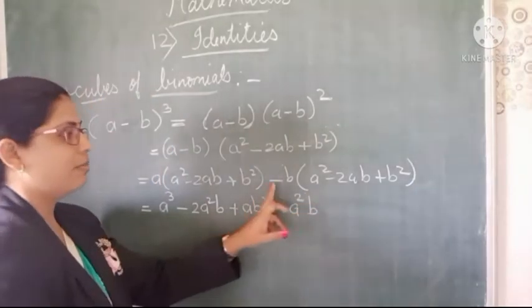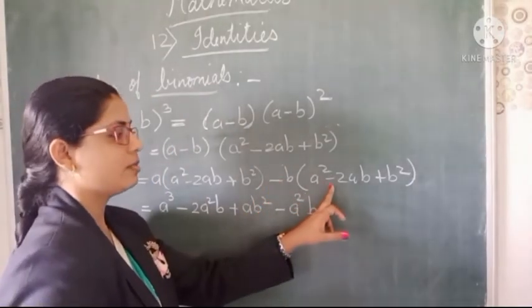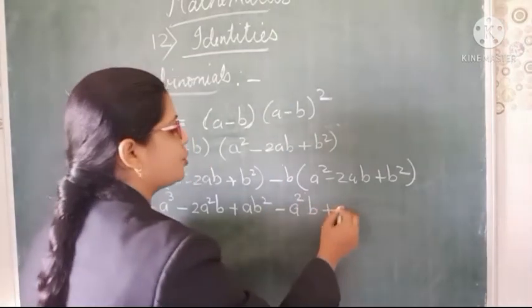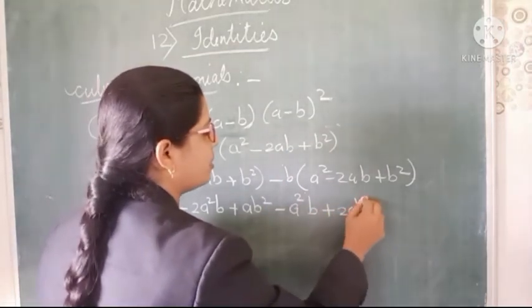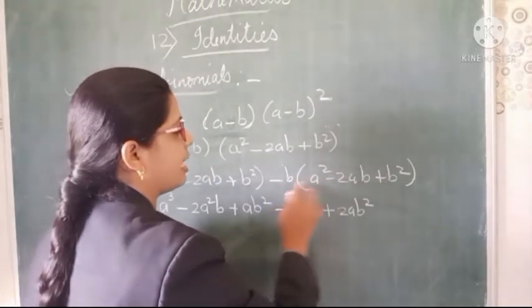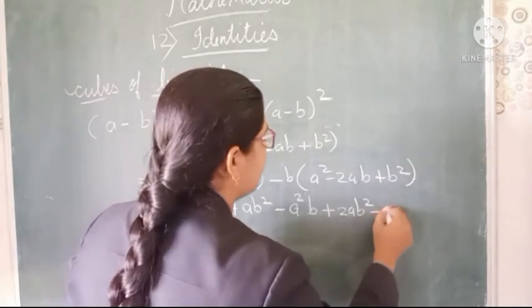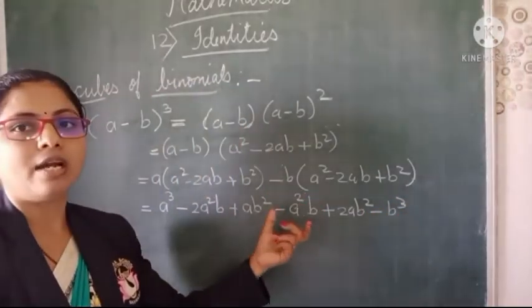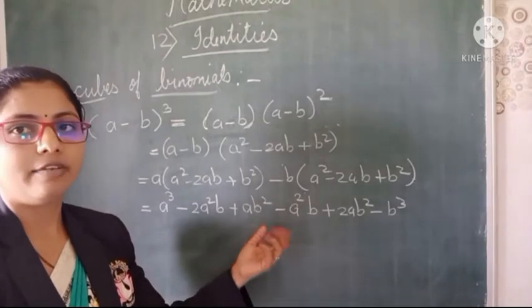Okay. Then minus is there and here also minus is there. So minus minus will be plus 2ab square, minus into plus it will be minus, and b square into b will be b cube. You have to check in a proper way how to use the negative sign if it is there.